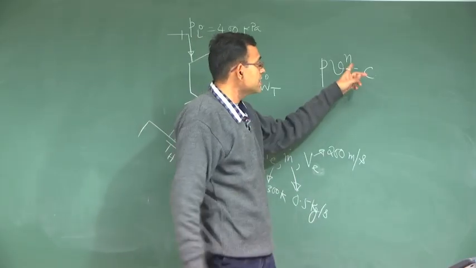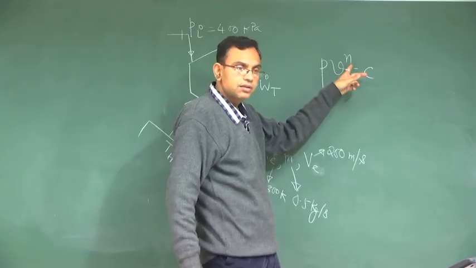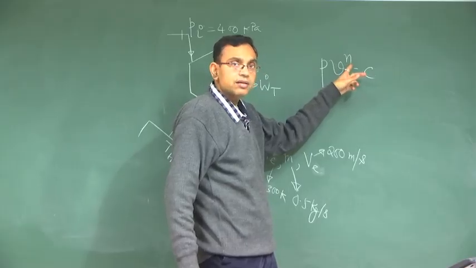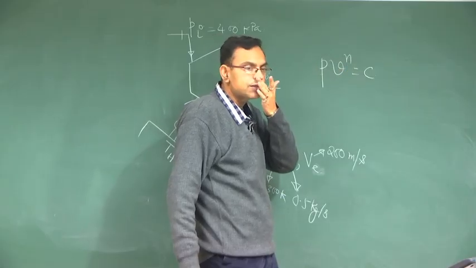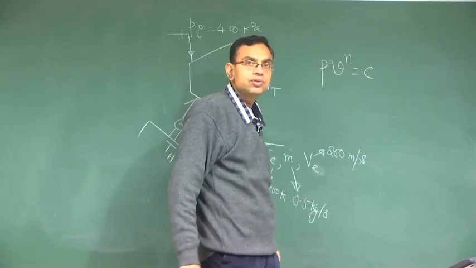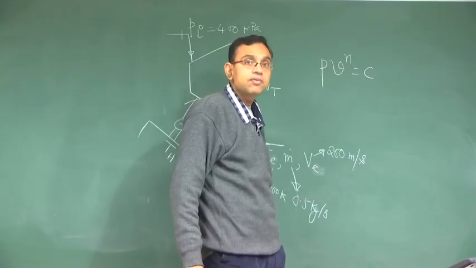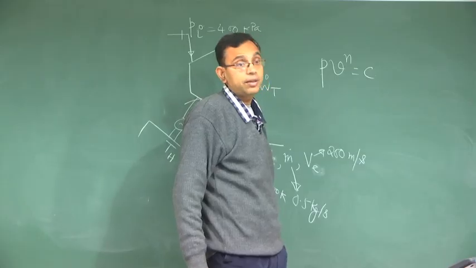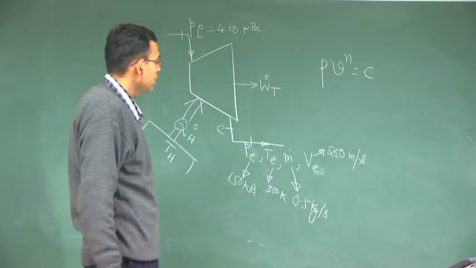If this n is Cp by Cv, then it is reversible adiabatic. For air, that Cp by Cv, if you take constant Cp, Cv, it is 1.4. Here the value of n given is 1.2, that means it is not reversible and adiabatic. It is reversible but not adiabatic. This is the first message that we get from here.